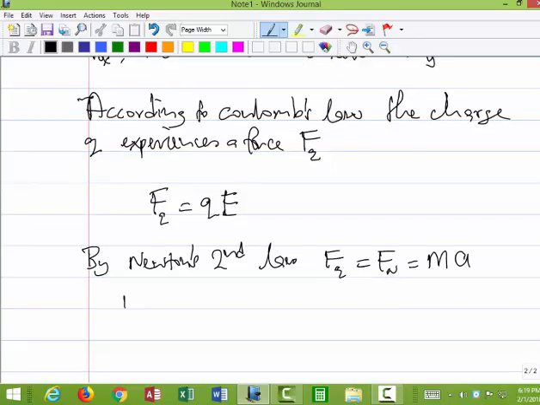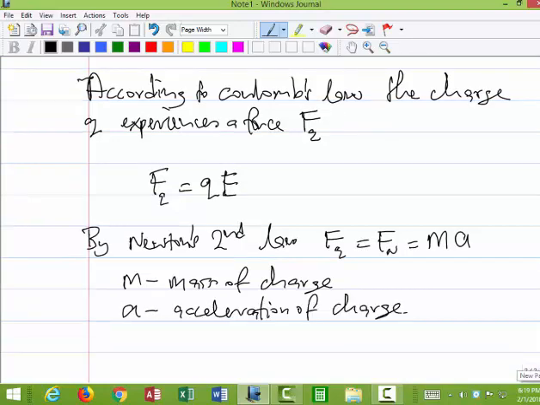Okay, so we'll say m is mass of charge and a is acceleration of the charge. So we can then say that F subscript Q is equal to the net force, since it's the only force present, and that's equal to ma.